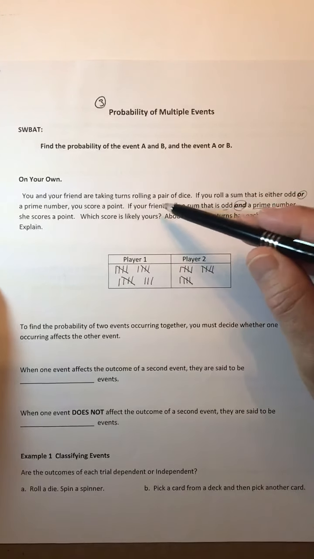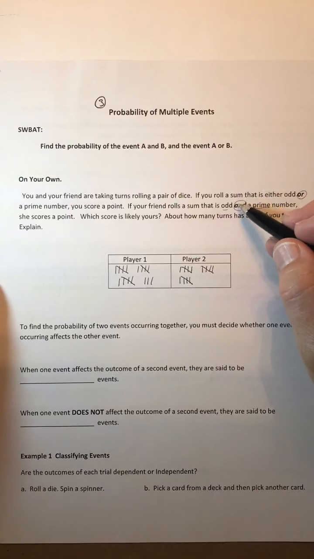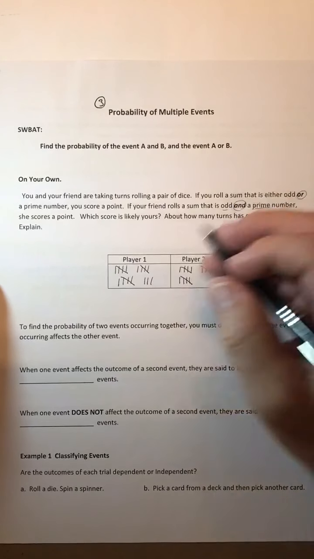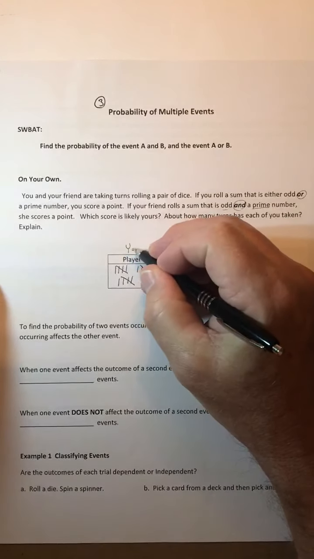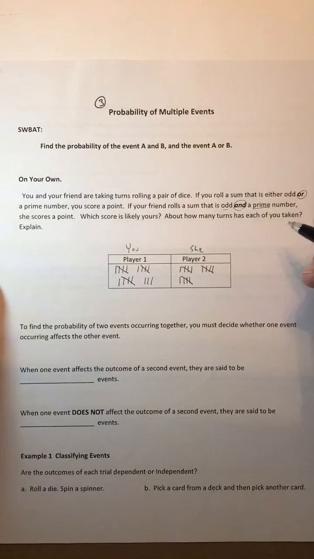Which score is likely yours? Well, since you can get a point if it's either odd or a prime number, you're going to score more points than her because she has to get odd and a prime number. So you should be player 1 and she is player 2.